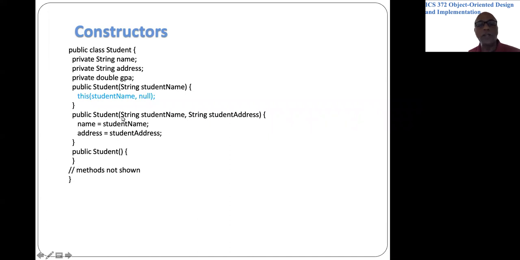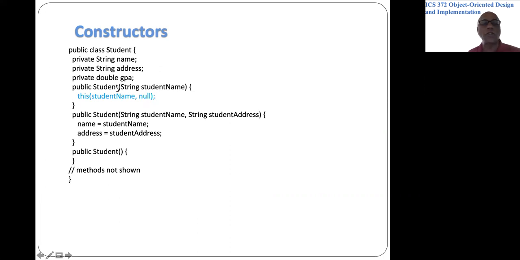We can also create a student by passing the student name and student address. So I have 3 constructors in this. And one thing you should note here, when we have multiple constructors, it is advisable and common to use the most general constructor in the other constructors. In this case, the most general constructor is the one with the student name and student address.